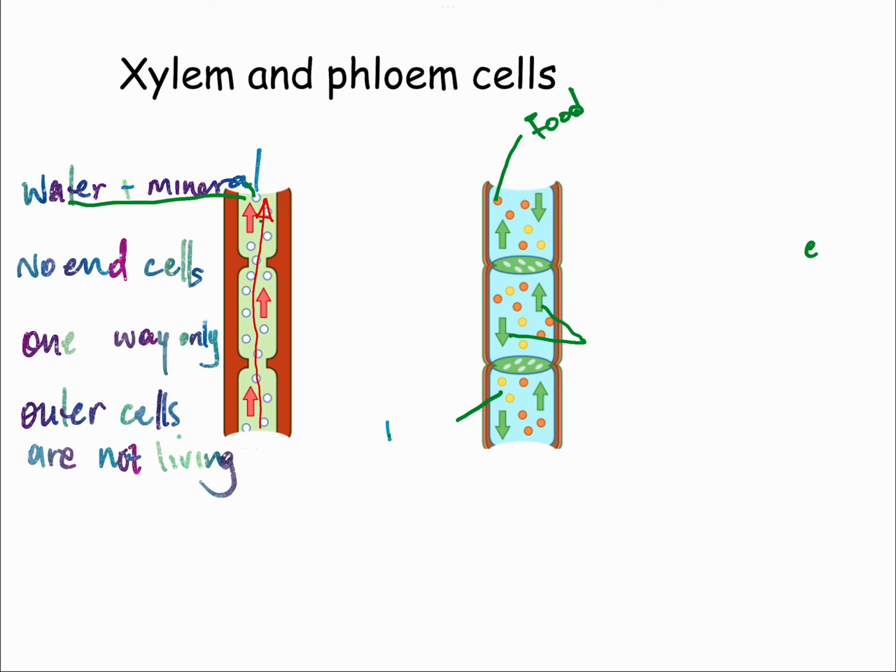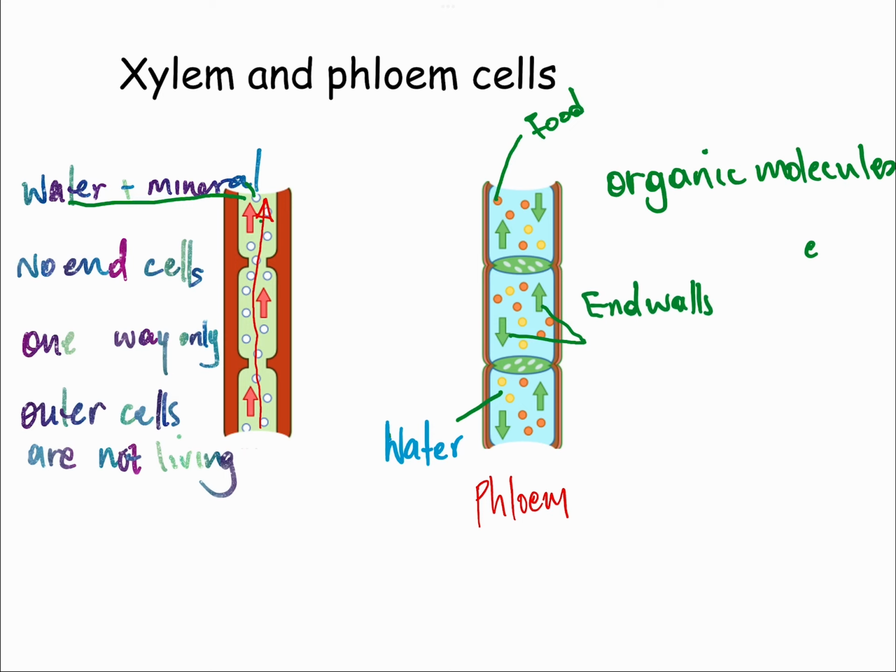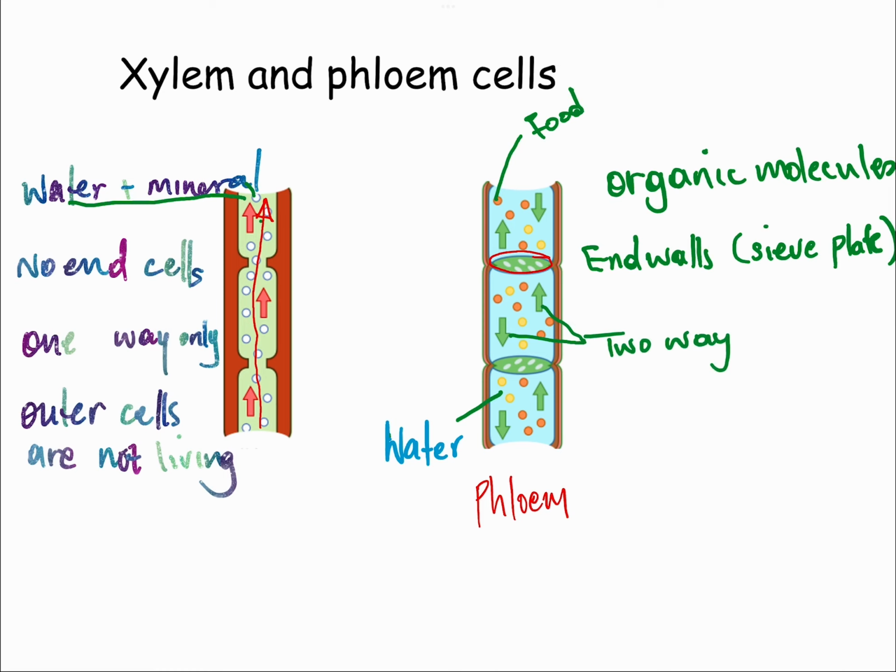Then the phloem, so I'll write that here. In the phloem, substances move up and down the phloem tube. So you'll have glucose moving up and down to wherever it's needed, dissolved in water. So organic molecules, like I've mentioned, move up and down, and you have the sieve plates here, which substances can move through easily.